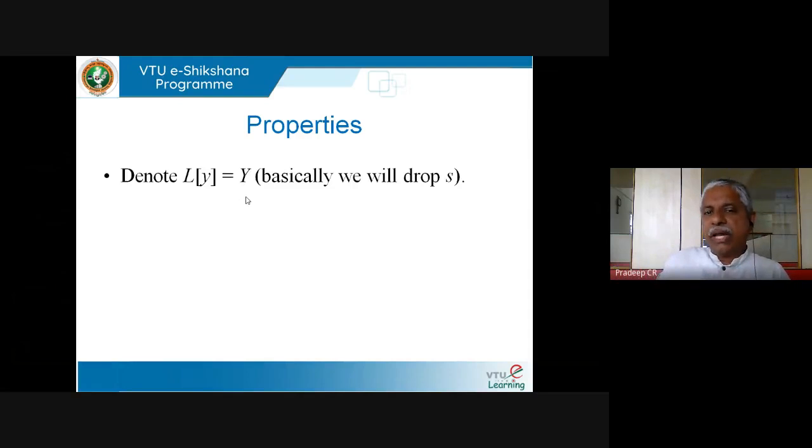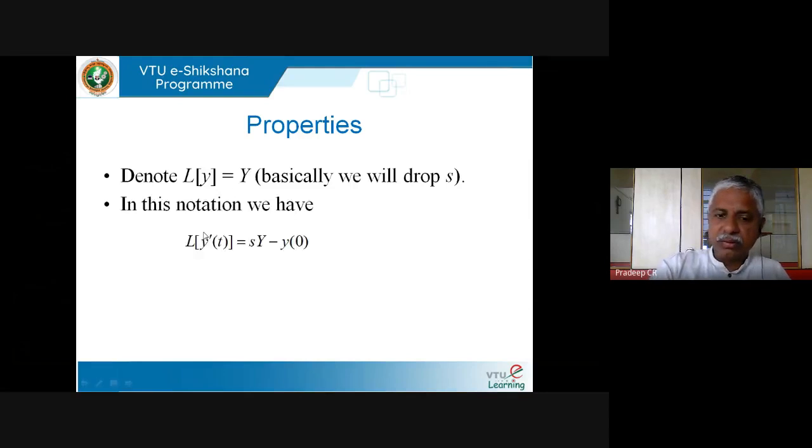So we won't emphasize that s. So in this notation, L of y dash is s capital Y minus y of 0. Capital Y means L of y.